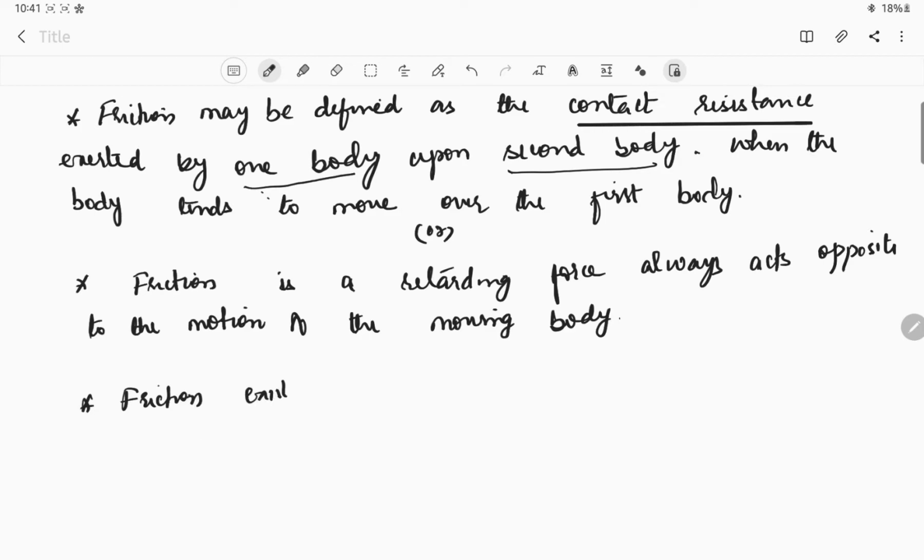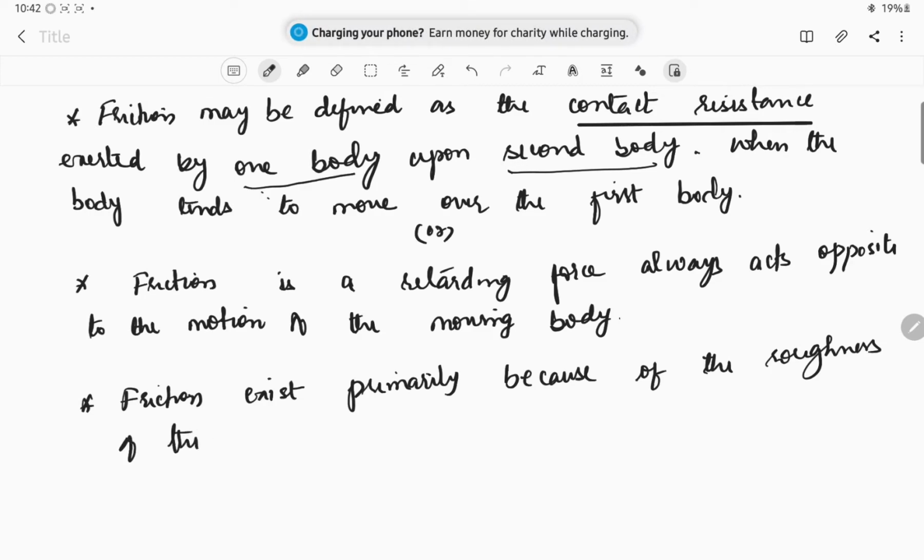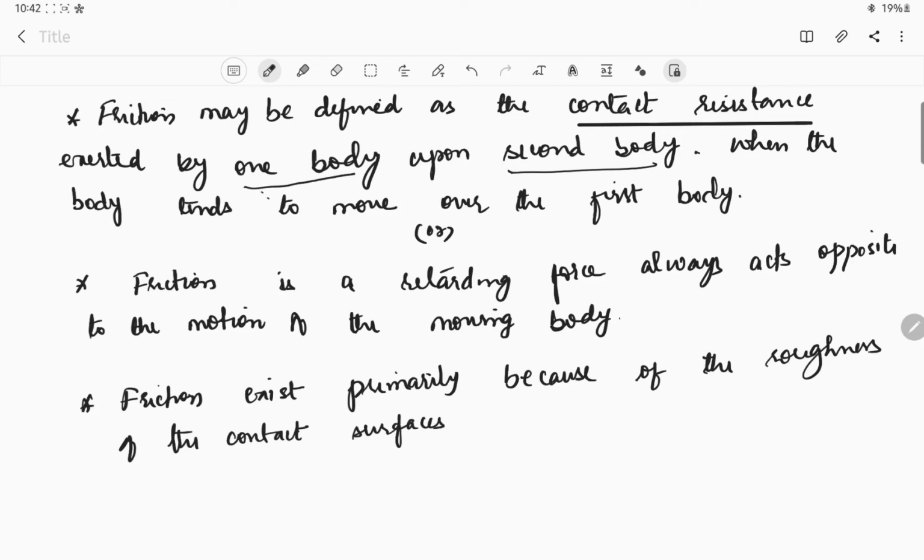Friction exists primarily because of the roughness of the contact surfaces.